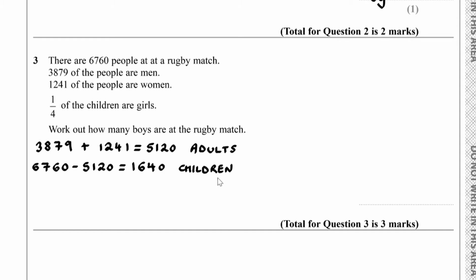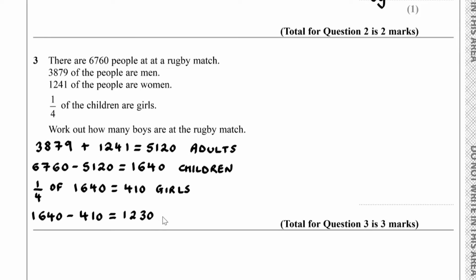And we know that 1/4 of the children are girls, so if we work out 1/4 of 1,640, we get 410 girls, and therefore the number of boys will be 1,640. That's how many children there are. Take away the number of girls, 410, and it turns out there will be 1,230 boys.